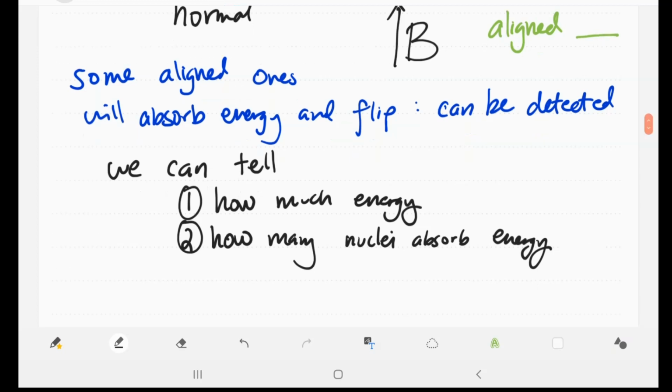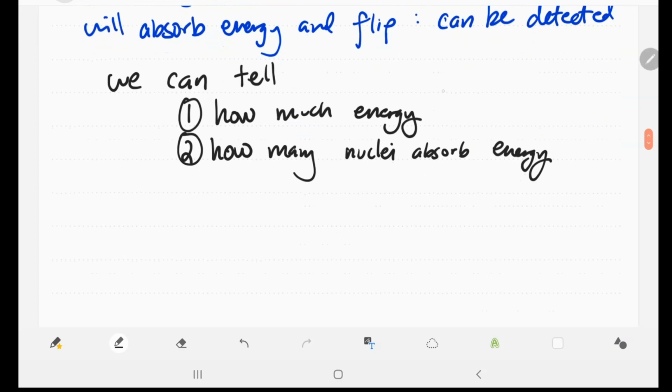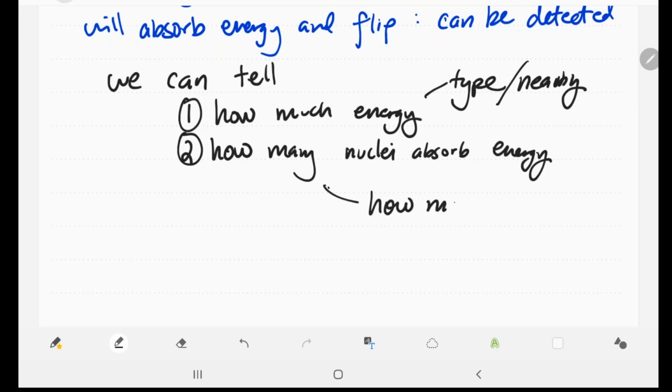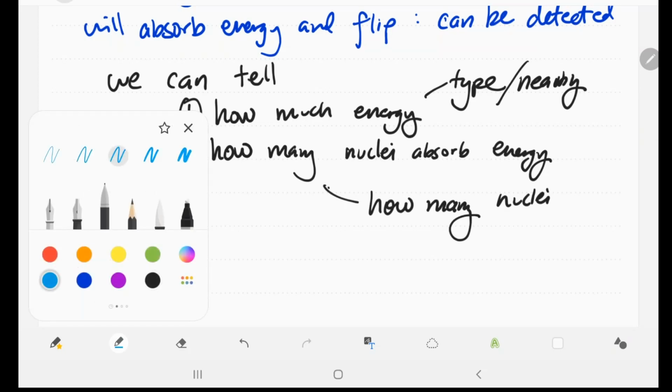And so this tells us essentially the type of nucleus and what's nearby it. And we're going to see that this will tell us how many there are. I just wrote exactly what I wrote for number 2. So we'll see what this means.